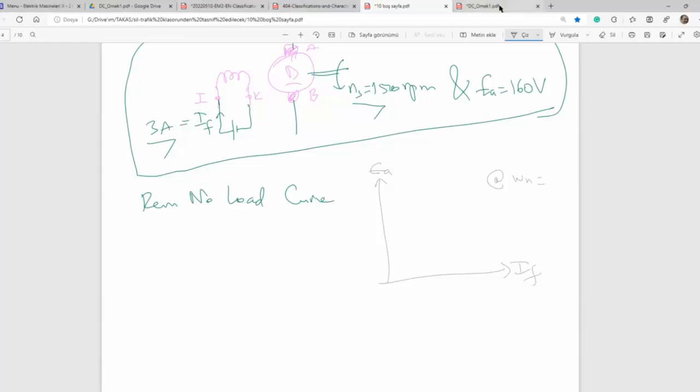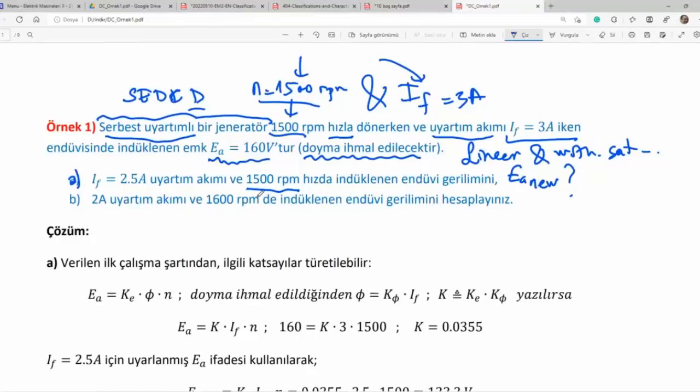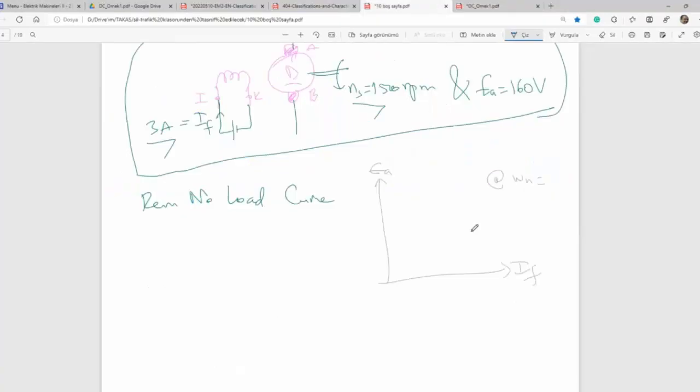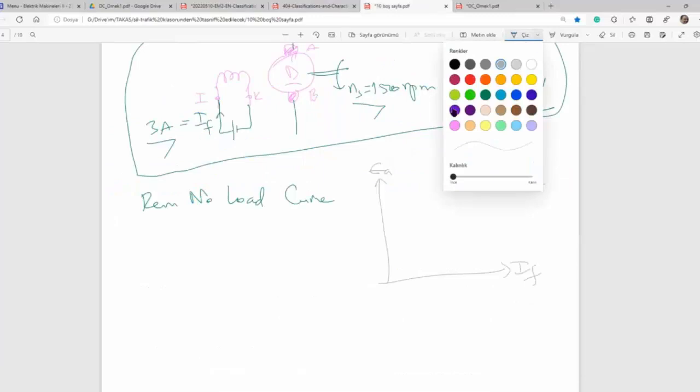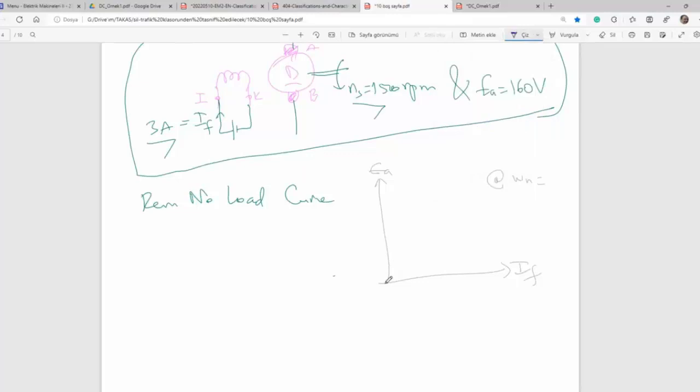Let's check it out. In the beginning, it was 1500 RPM, and in the second case, again, it is 1500. So let's say here's such a linear, non-saturated EMF relation. I don't know what it looked like, but I just think about it.